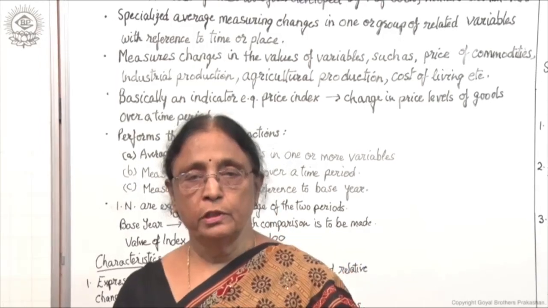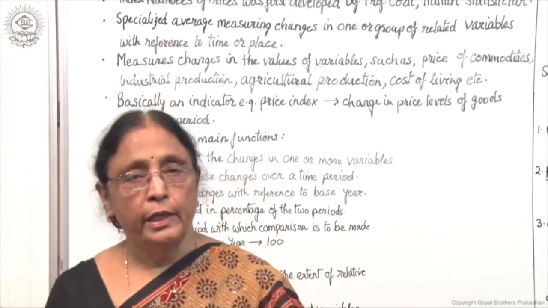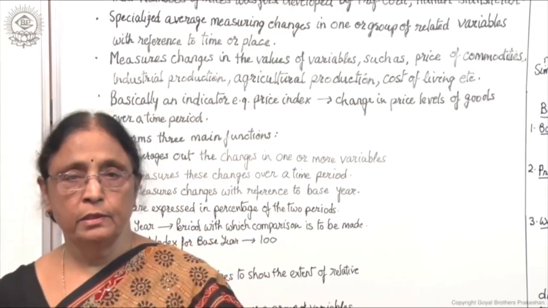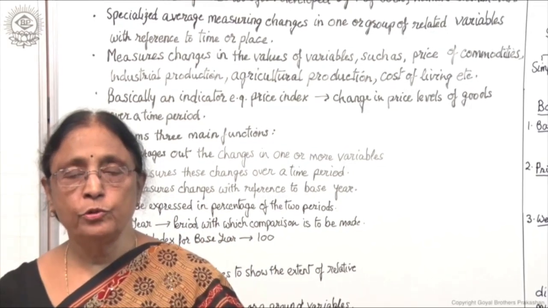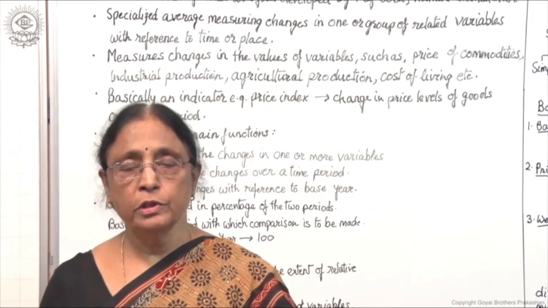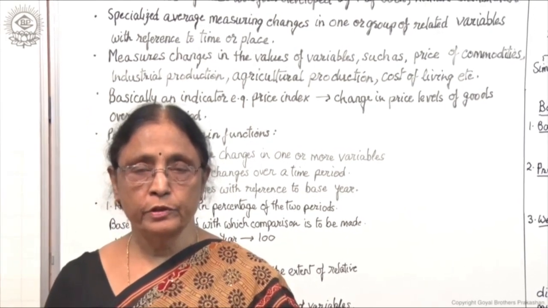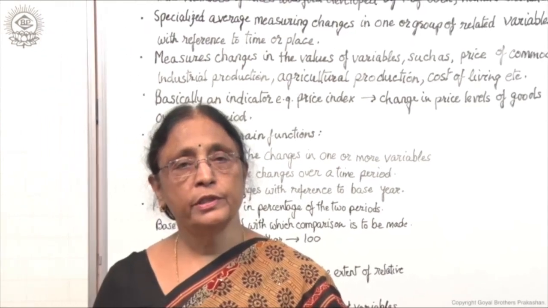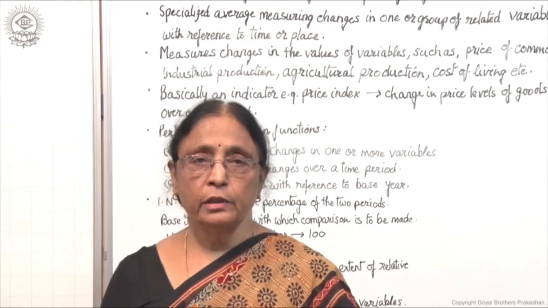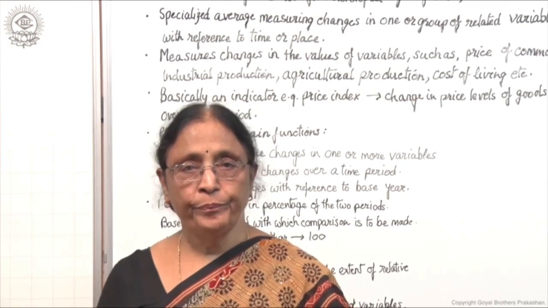Prices of goods keep on changing, and there are many factors responsible for the change in price. Maybe prices are changing due to change in demand, or because there is a shortage of certain goods, or there is less rainfall in a particular year, or maybe there are other factors responsible for it.